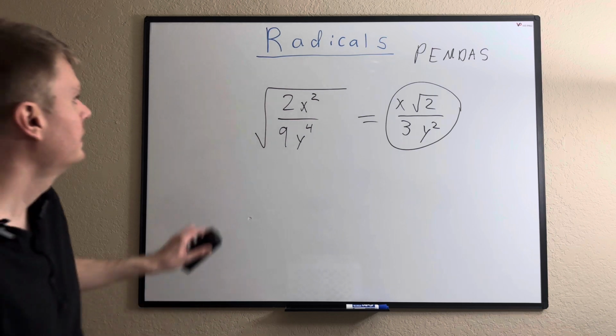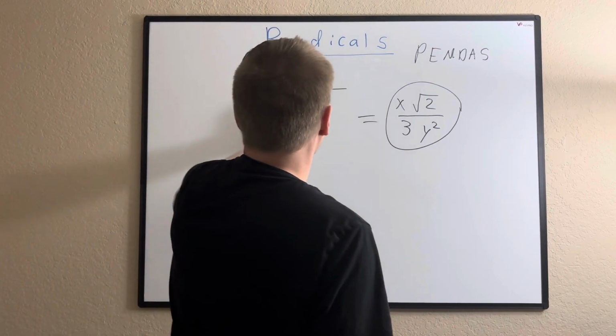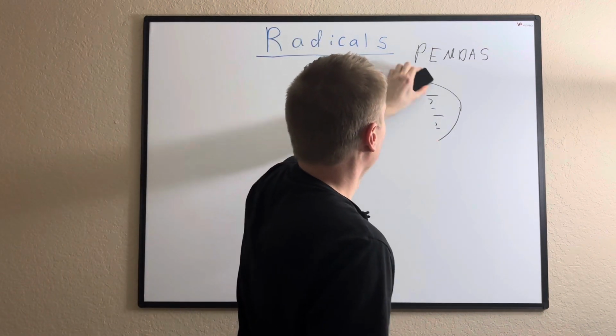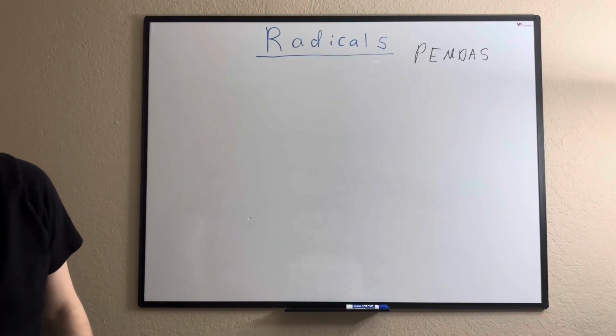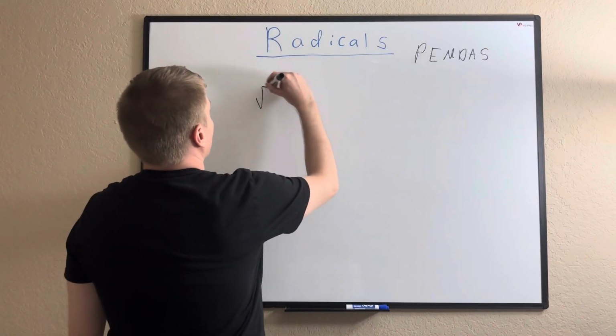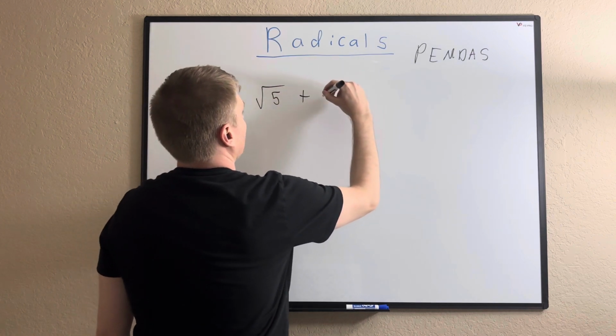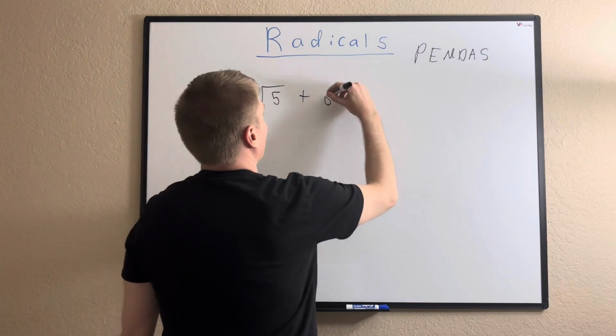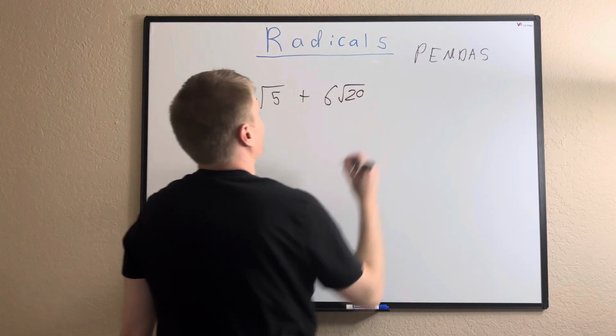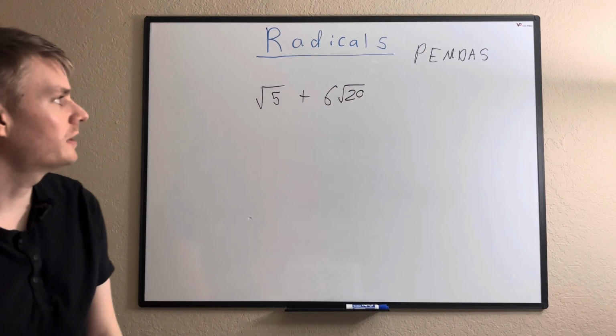All right, let's do another one real quick. Kind of a curveball. But this is also addition again. 6 radical 20. Radical 5 plus 6 radical 20. Okay.